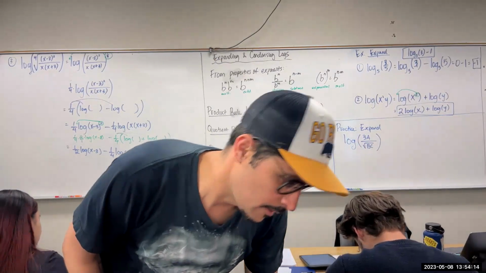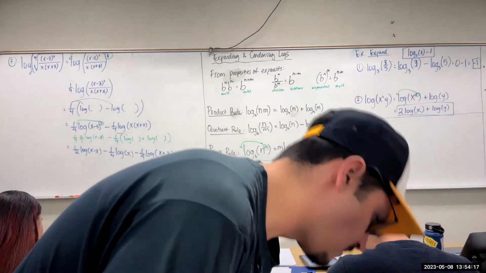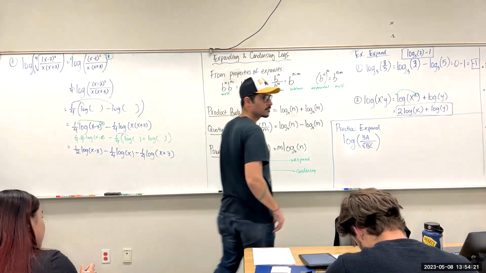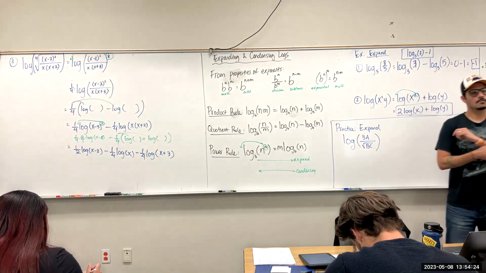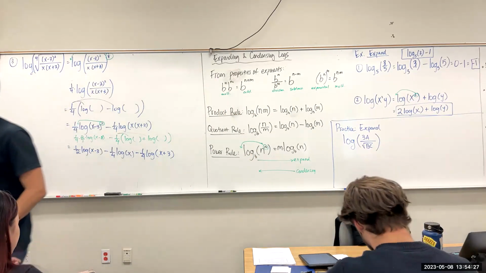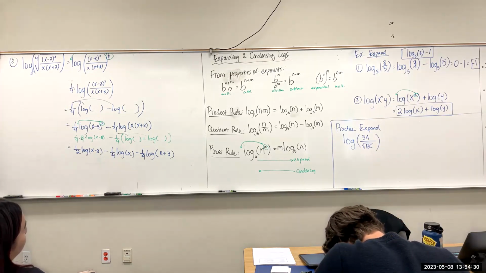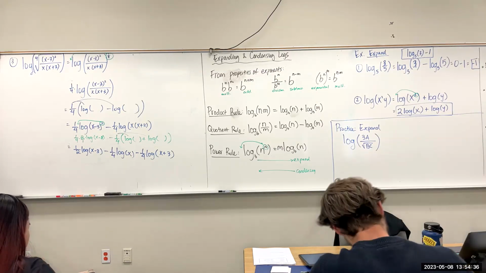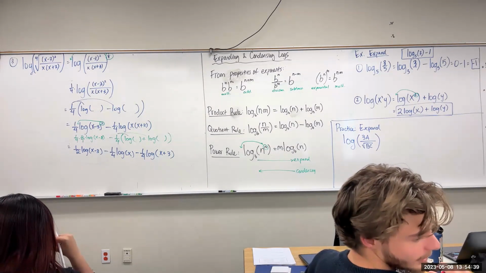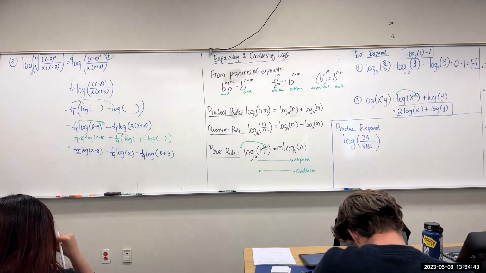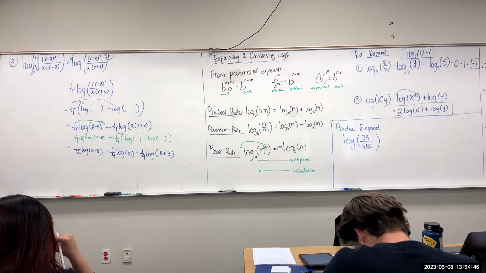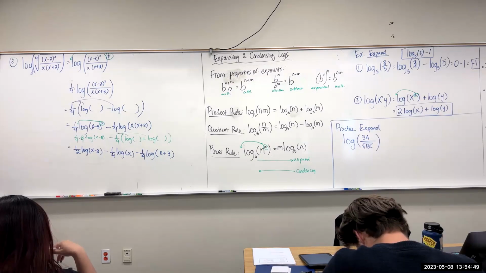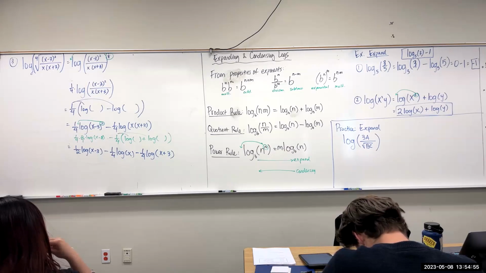You do a fraction. Square root of BC, so you change that.